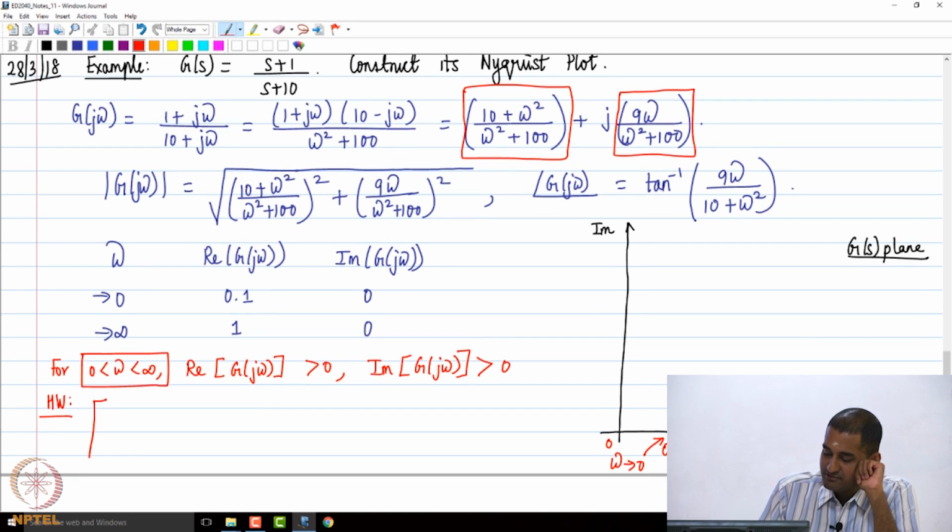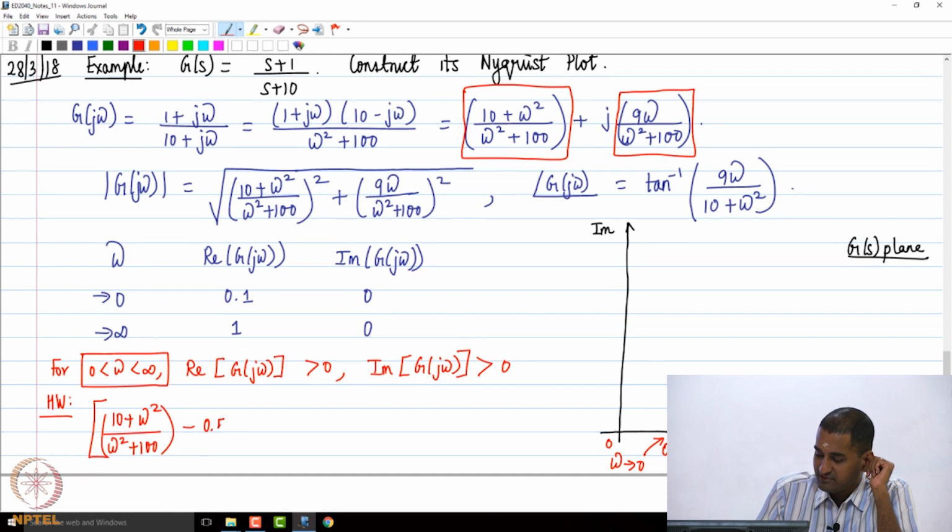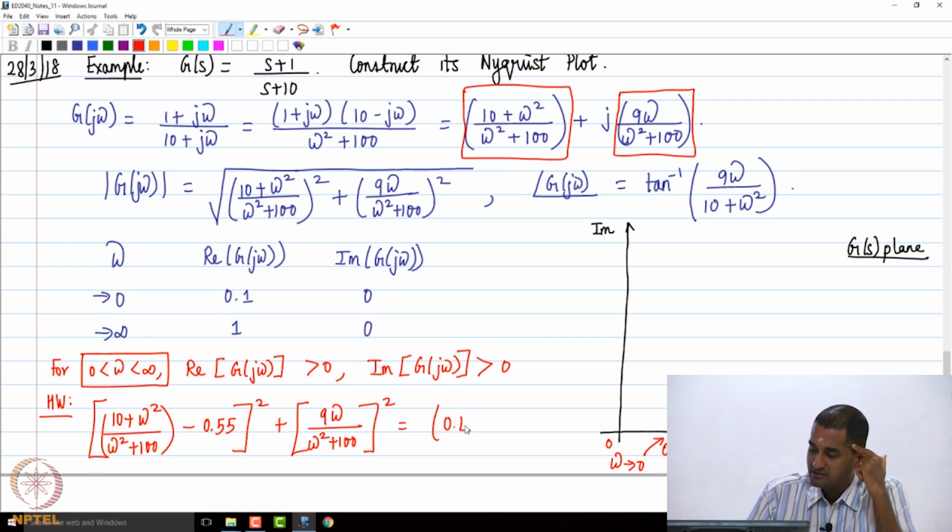If you check this expression, the real part, 10 plus omega squared divided by omega squared plus 100, minus 0.55, whole square, plus the imaginary part square, which is 9 omega divided by omega squared plus 100, the whole square, that is going to be equal to 0.45 square.